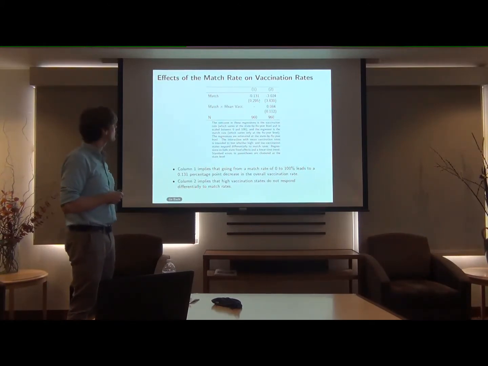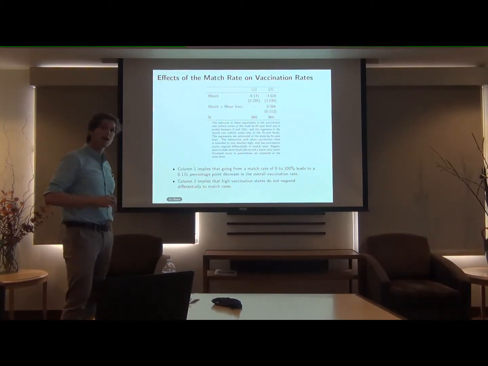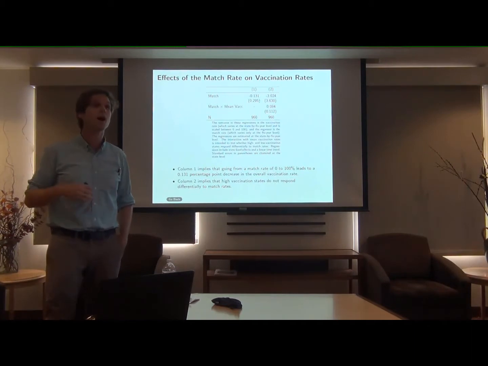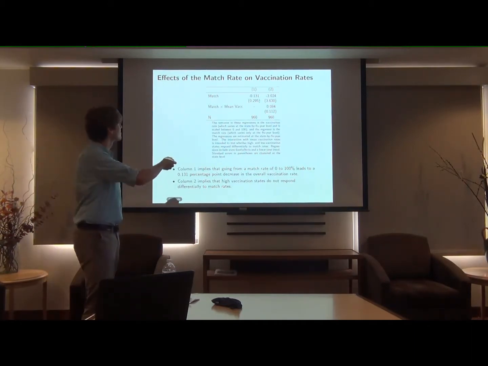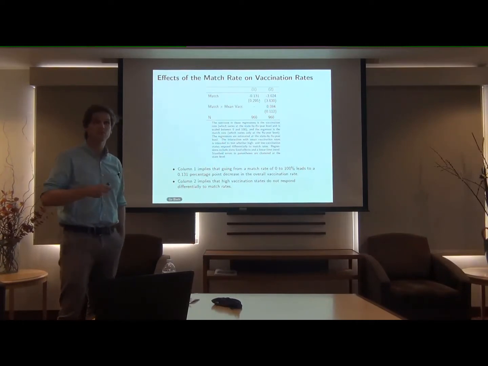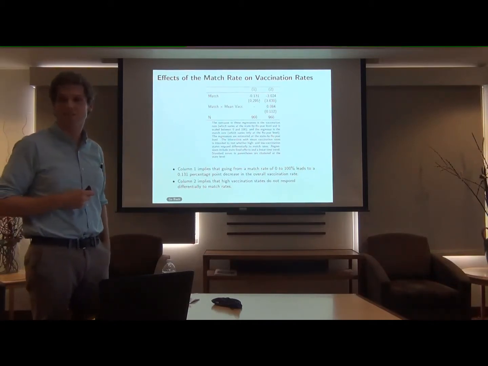Really small number there. And then if I test for differential responses by interacting with the state level mean vaccination rate, I find there's no evidence of differential responses to the match rate across high and low vaccination states.